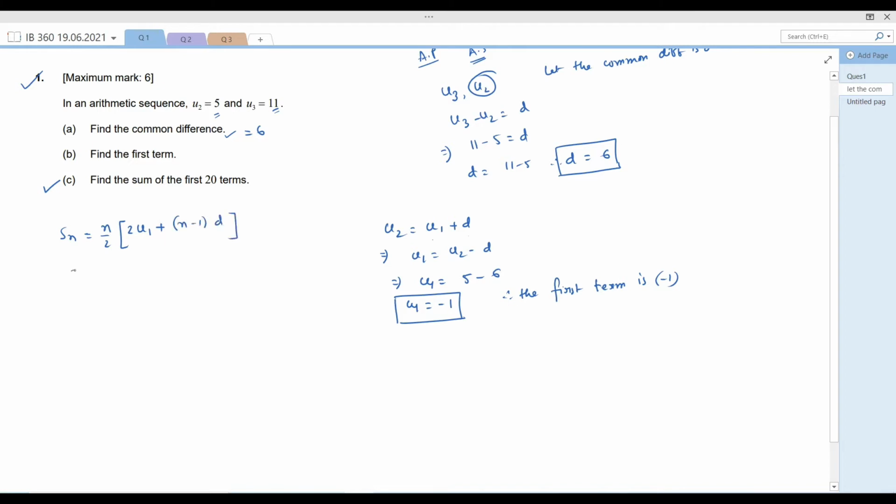Here Sn equals the sum till the nth term, n equals the number of terms, u1 equals the first element, and d equals the common difference.